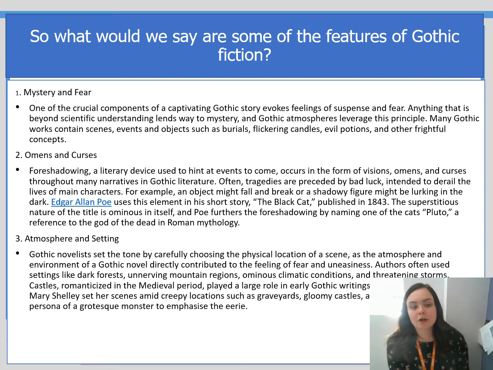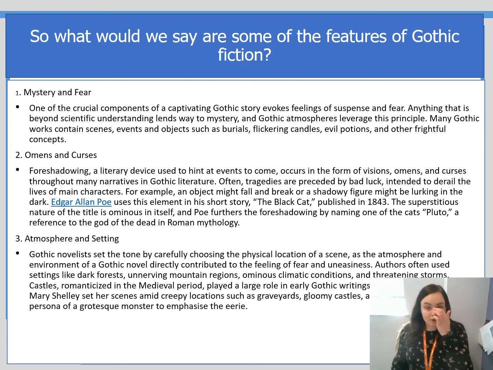So many Gothic works contain scenes, events and objects such as burials, flickering candles, evil potions and other frightful concepts. So mystery and fear are a key component of any Gothic fiction piece, and they are absolutely things that you should be looking out for when you are analysing Gothic fiction texts, but also when you are creating your own.